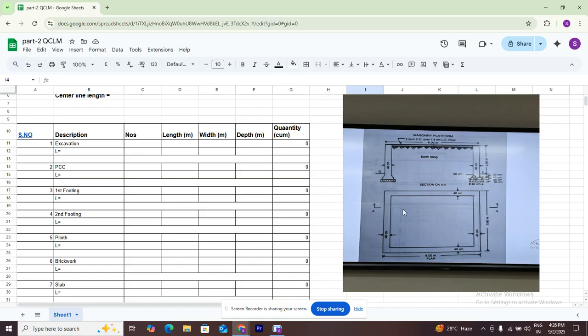Center to center, first we take the 6 meters that is given. I need to deduct half of the wall on this side and half of the wall on this side. The wall thickness is 40 centimeters, 0.4 meters.